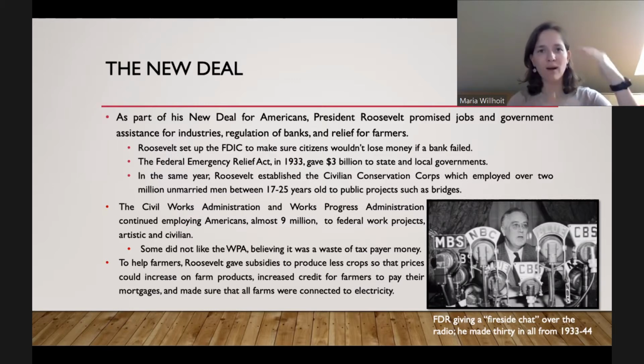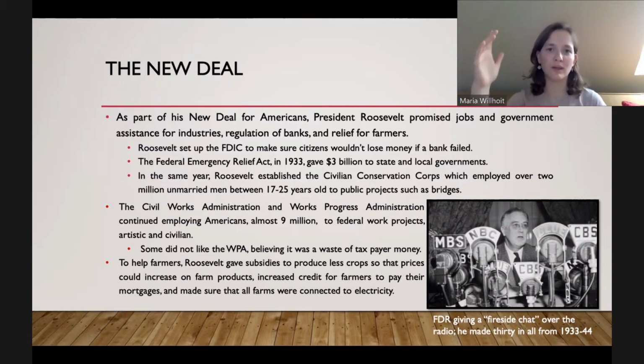So if a farmer is producing less crops, he has to sometimes get rid of crops that he's already made. He might be losing money at this moment, so the government steps in and helps to protect that farmer from money that he's lost. But the upswing of that is then the prices increase because the supply decreases.